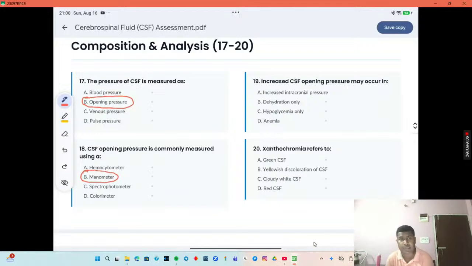Now the next question is given as increased CSF opening pressure may occur in. So when does opening pressure of CSF increase? What does the question mean?